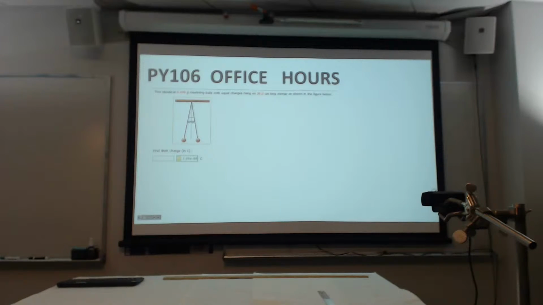Let's see what's happening. Do you see the screen clearly? Yeah. All right. We know the masses. We know the length of the string. So what was your first step? So I drew a right triangle of the forces.